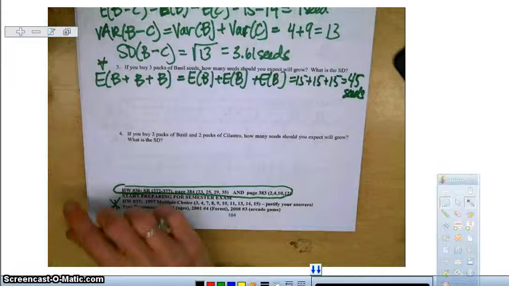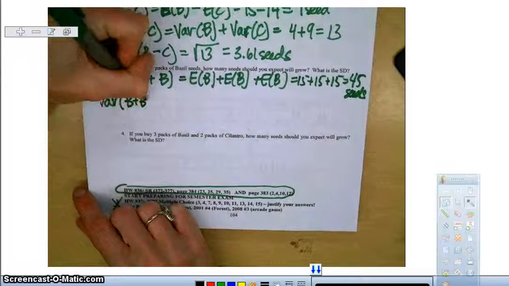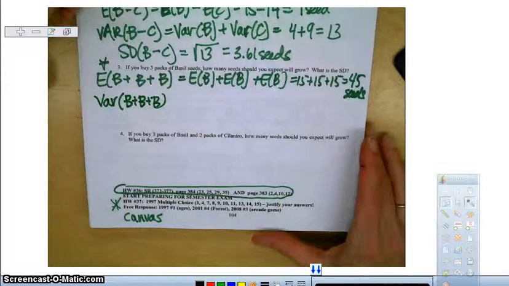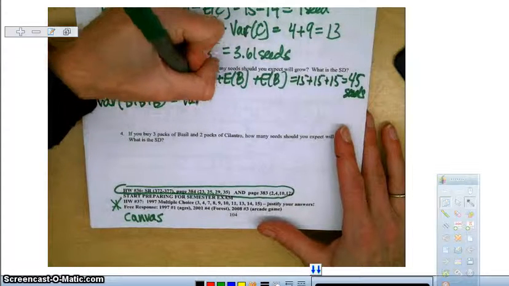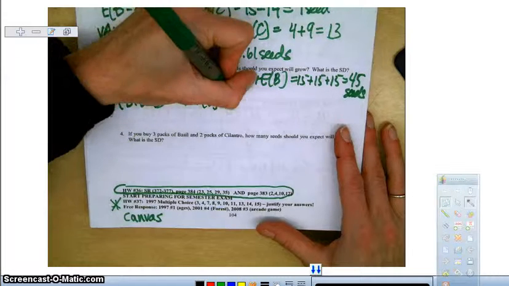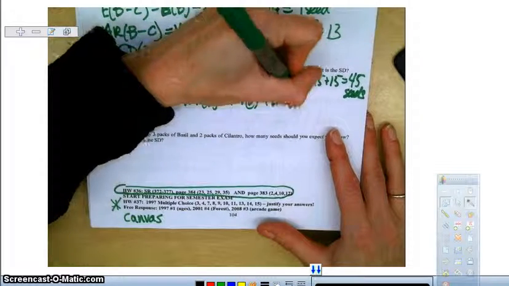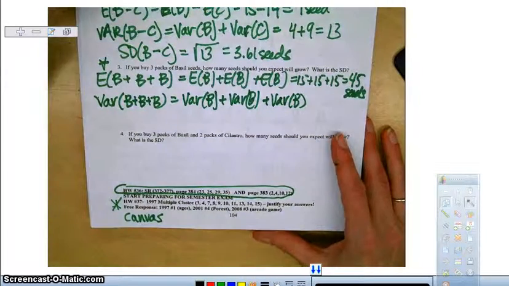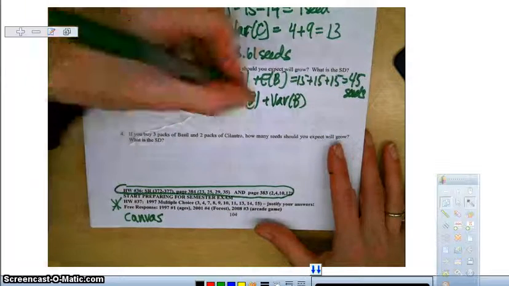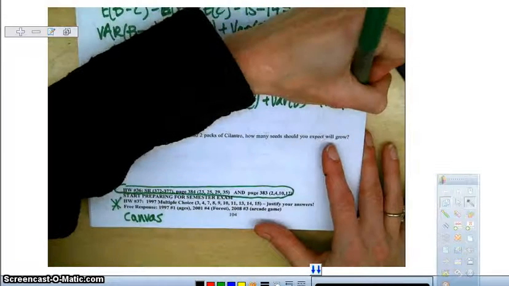All right, so now we need to find the standard deviation, or the variance, of basil plus basil plus basil. That's just the variance of basil plus the variance of basil plus the variance of basil. Well, what was the variance of the number of basil seeds that would grow? 4. So this would be 4 plus 4 plus 4, or 12.